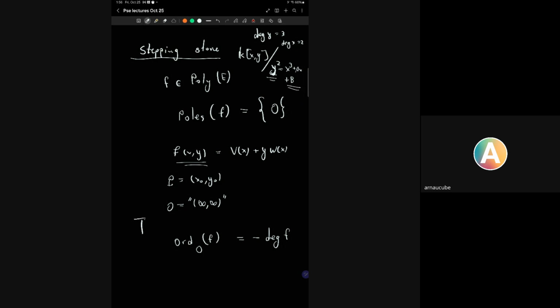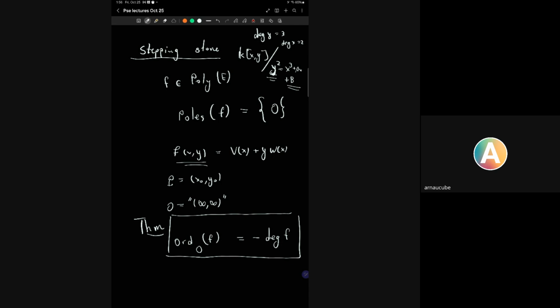But then with this notion of degree of a polynomial, I find out that the multiplicity of the unique pole of any polynomial is minus the degree of this polynomial.